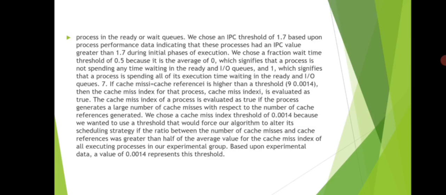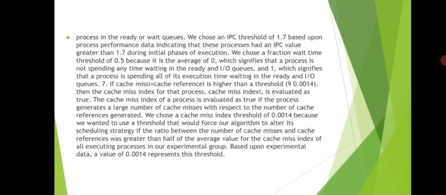Processes in the ready or wait queues are considered, and we choose an IPC threshold of 1.7 based upon process performance data, indicating that these processes had IPC values greater than 1.7 during the initial phase of execution.